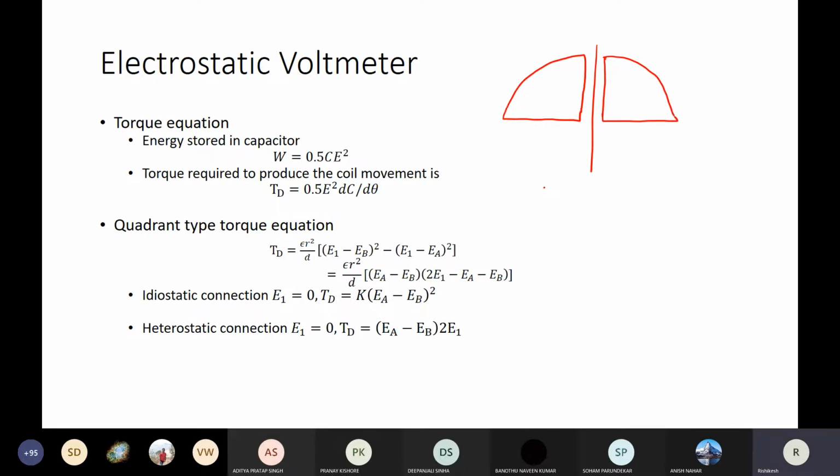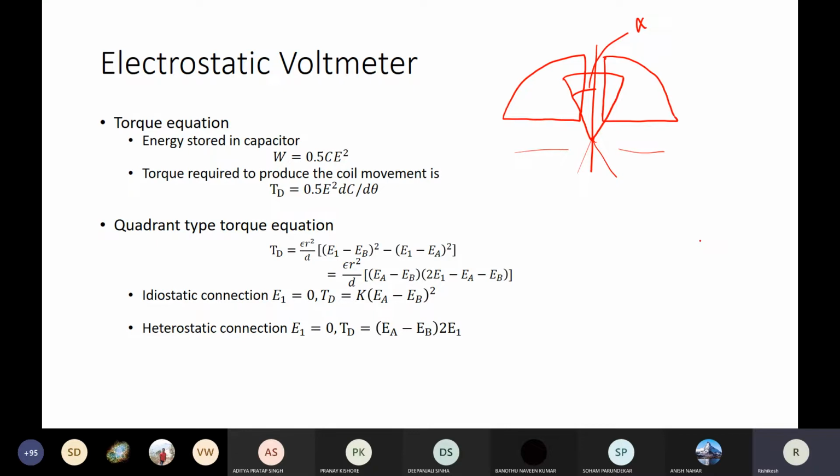right? And the movable vane is, let's say, when there is no voltage applied, it is symmetric. Now similar to this, there is another sector here and another sector here, and there is another vane here, but because of symmetry we are not analyzing that. Now initially, let's say this vane is such that this angle is alpha.